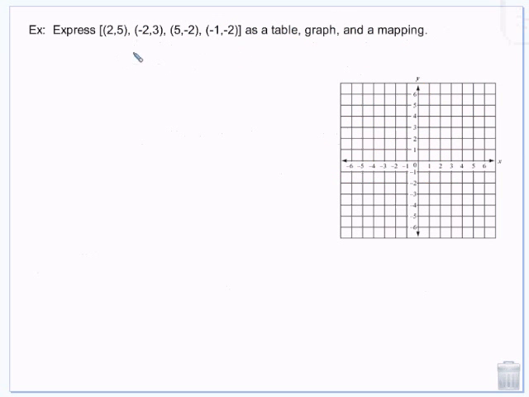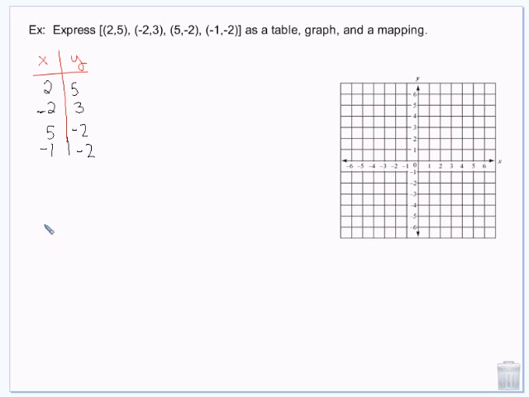And we're going to express it as a table, a graph, and a mapping, because it's already being given to us as a list of ordered pairs. So for our table, we just make an XY table. We list our x's. Do they need to be in order? I'm going to put them in the order that they came in.